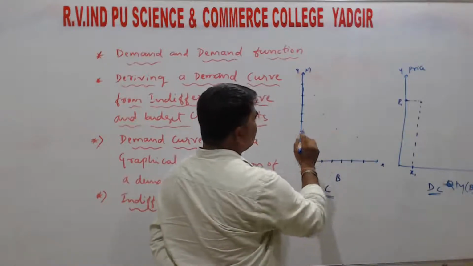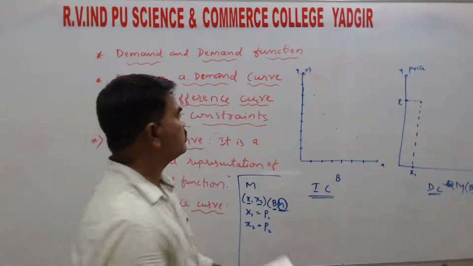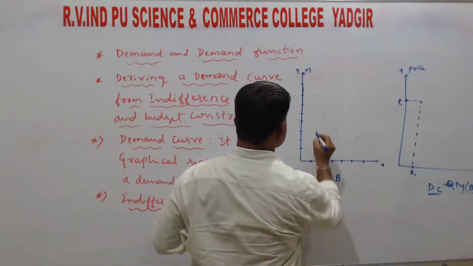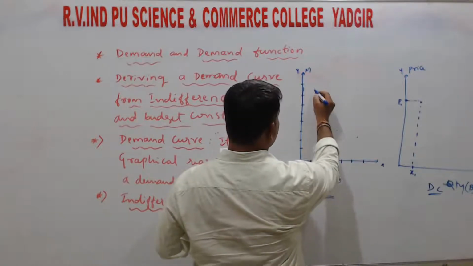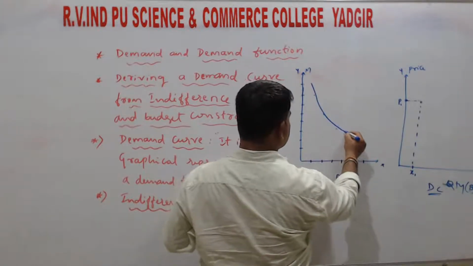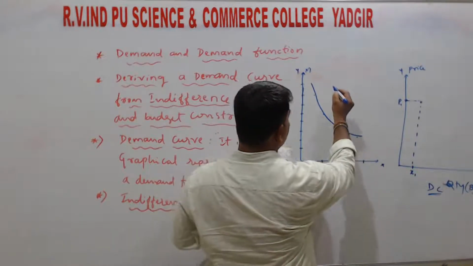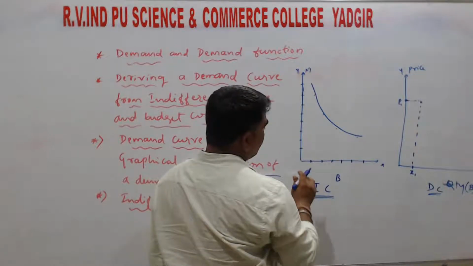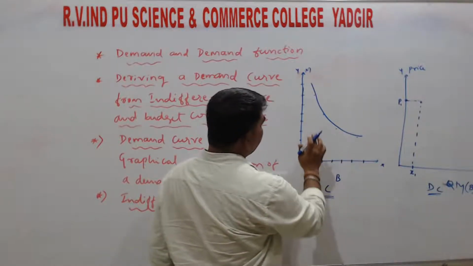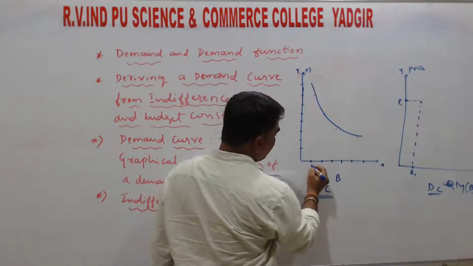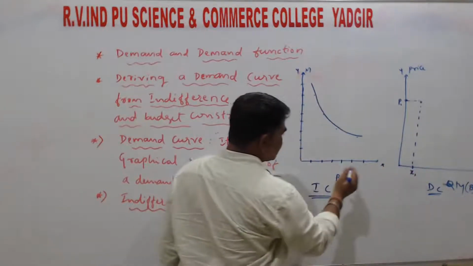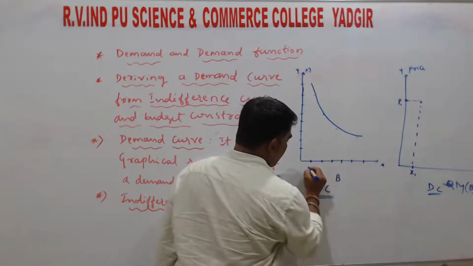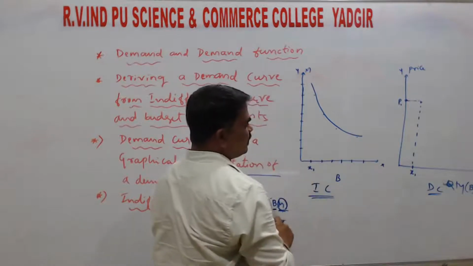In this indifference curve, I will draw the curve here. Here we have the quantity of banana, that as I have considered, x1. This indifference curve is for this quantity of banana, which again is x1.